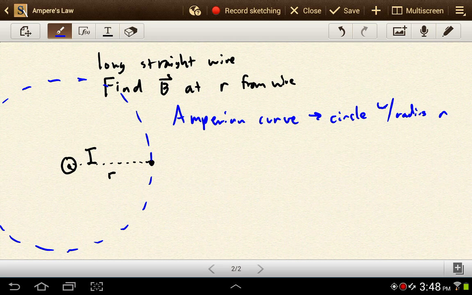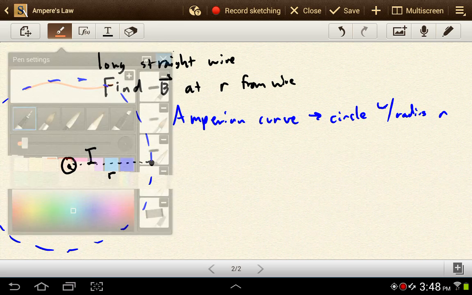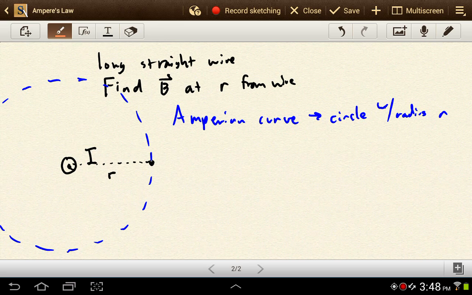So what do we know about the magnetic field on the circle? For starters, we can look at symmetry. The symmetry of the problem suggests that at any point, no matter where we're looking, the magnetic field will be the same, because we could just rotate this whole curve and make any of these points into any other point.